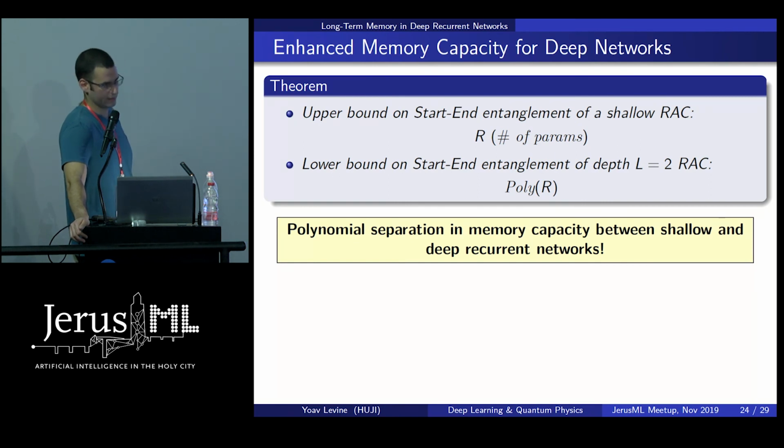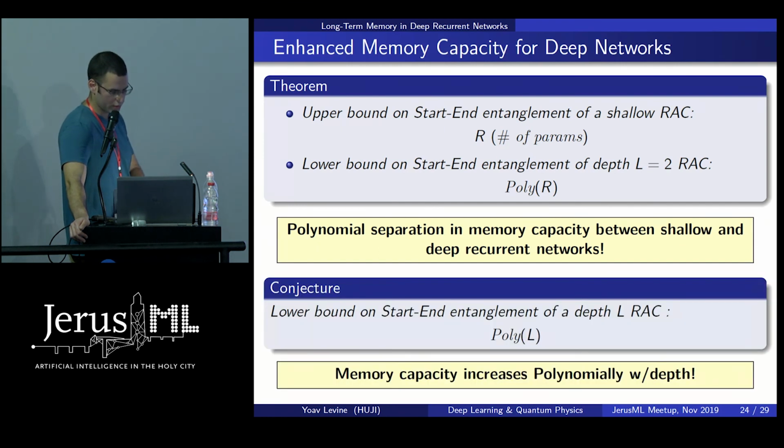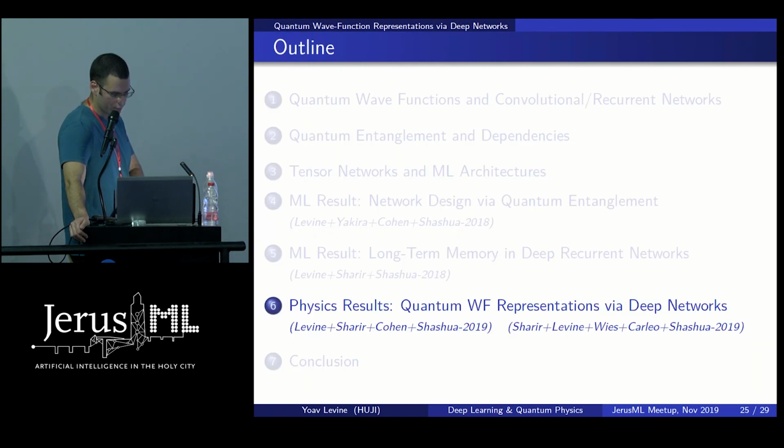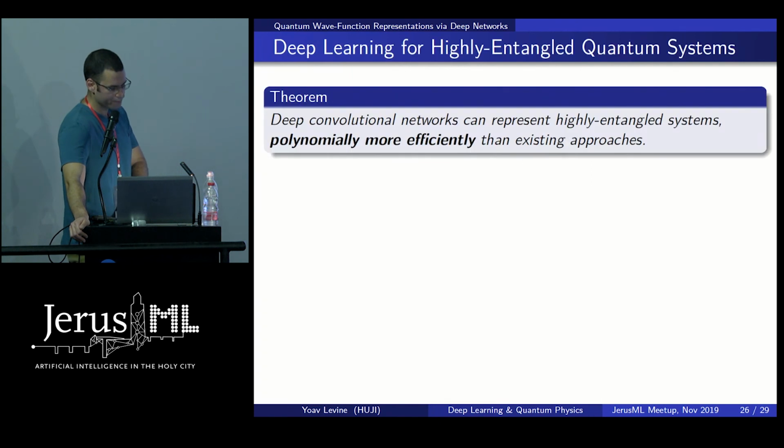This means that deeper recurrent networks have much better long-term memory, which we conjecture increases with depth. So this is the first result regarding the relation between an RNN's depth and its memory that's derived by these quantum physics tools. Now I'll briefly mention towards the end our contribution to the other side.